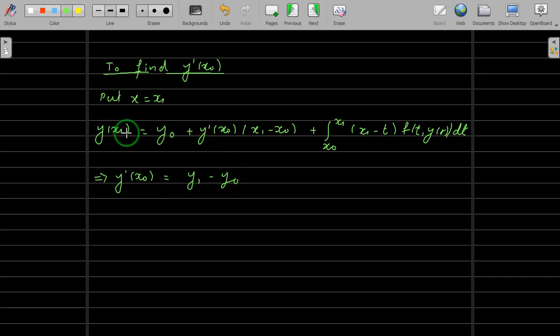So this minus this is there, then you shift this on the other side, it will be divided by this term, x1 minus x naught term is there, and then you have, is that correct what I'm writing?